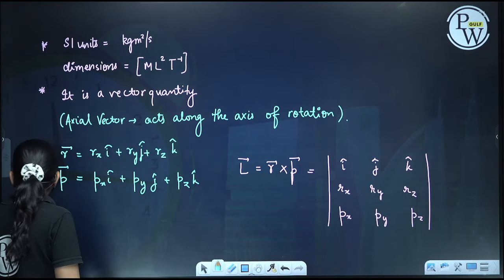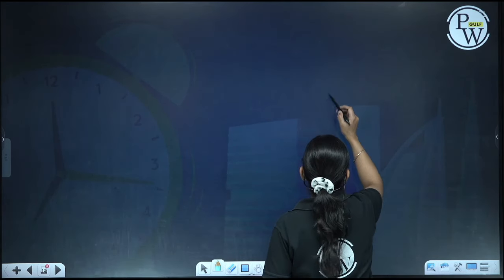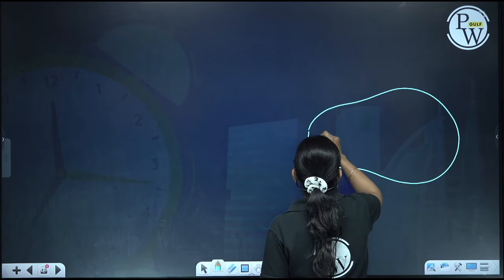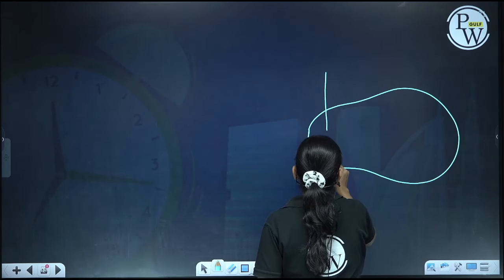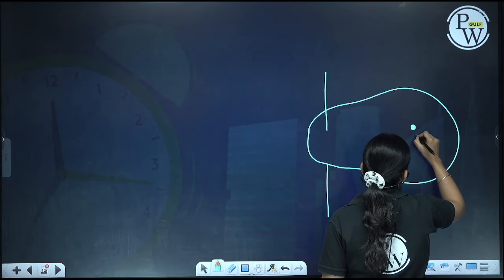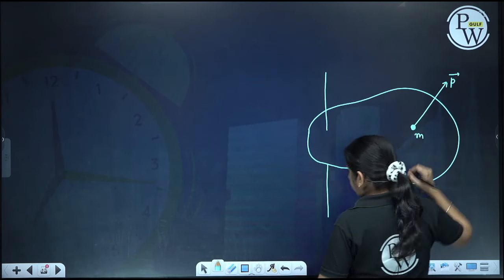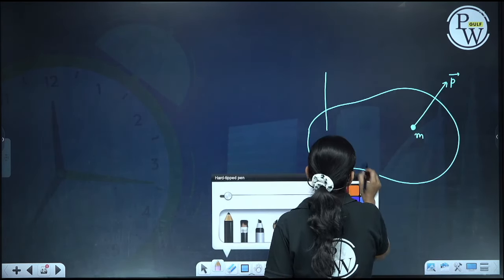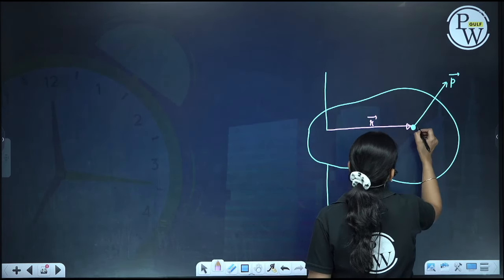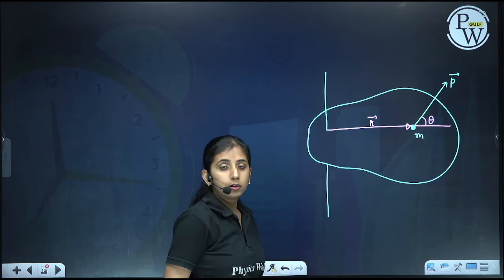Okay. Now similarly, just like how we calculated the linear torque, suppose this is my plane and we have this as the axis of rotation, this is a particle of mass m. Okay, it is having linear momentum p in this direction. Then from the axis of rotation, this will be my r vector. Angle between the two is theta. Okay, so you can do two things.